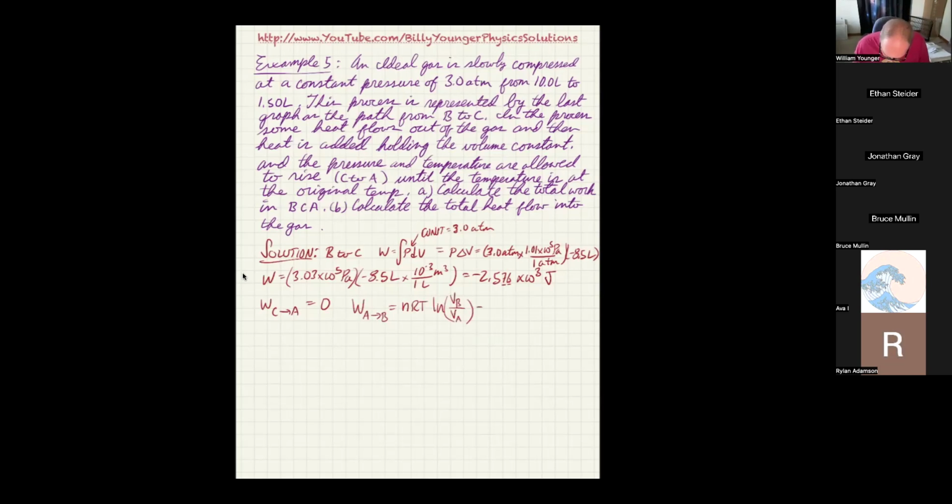In this case, it's going to be an ideal gas. Did I tell you how many moles? I don't think I did. I did not give us the number of moles. An ideal gas is slowly compressed at constant temperature.